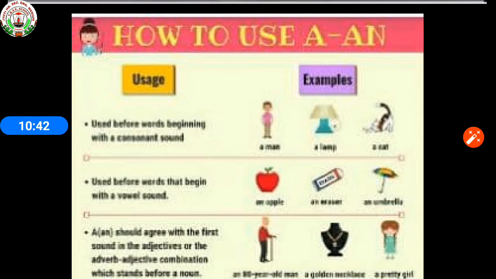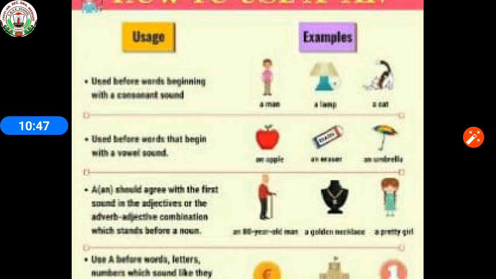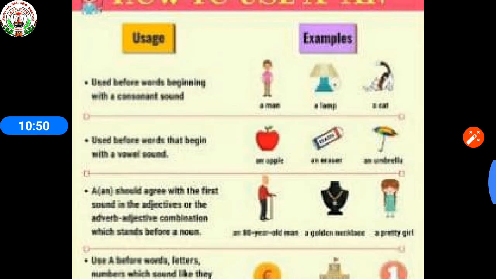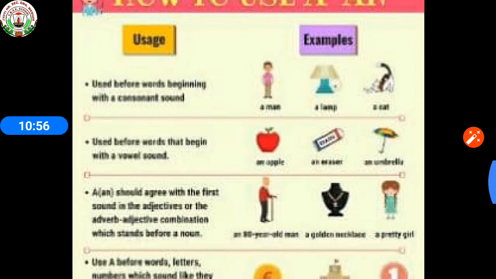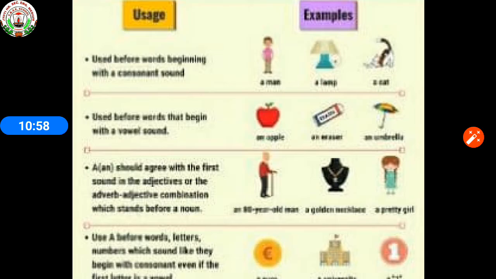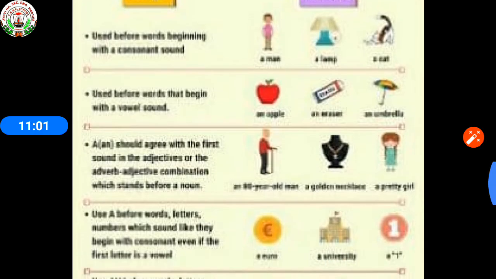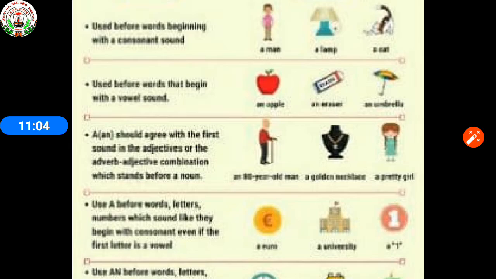For example, a man, a lamp, a cat, etc. We use an before words that begin with a vowel sound, like an apple, an eraser, an umbrella, etc. A and an should agree with the first sound of the adjective or the adjective combination which stands before a noun. For example, an old man, a golden necklace, a pretty girl, etc.